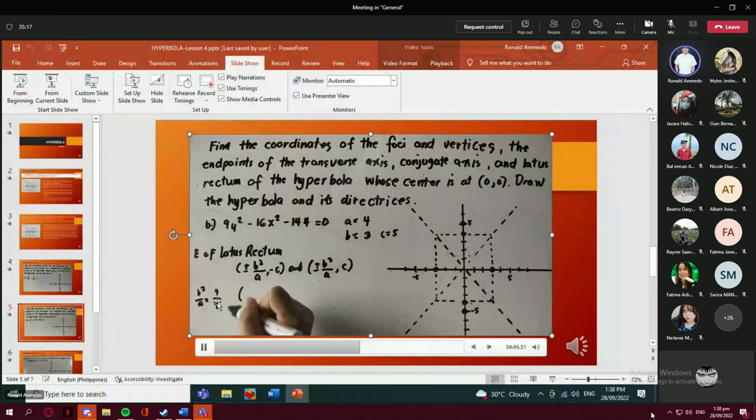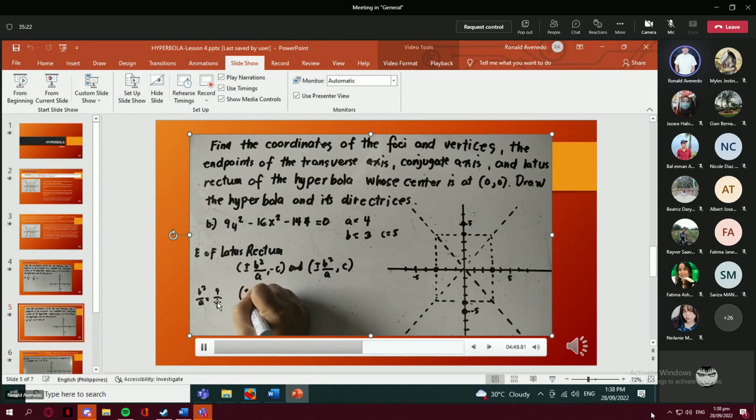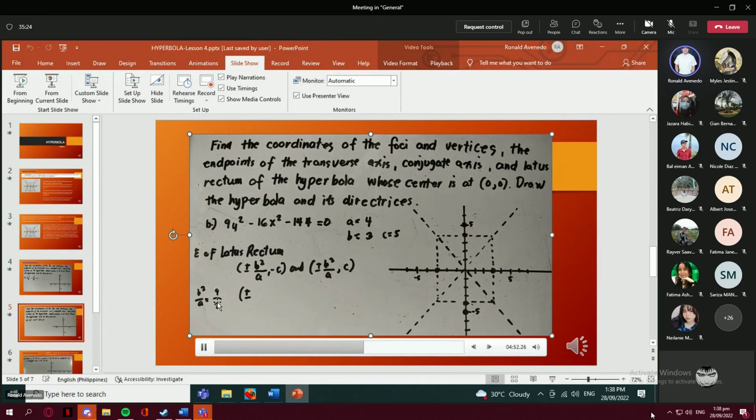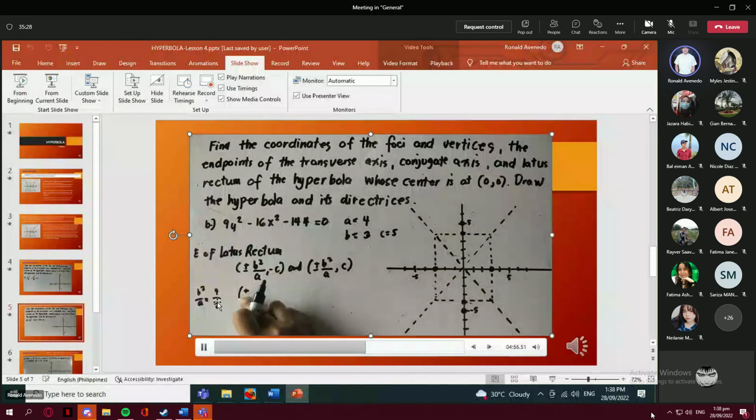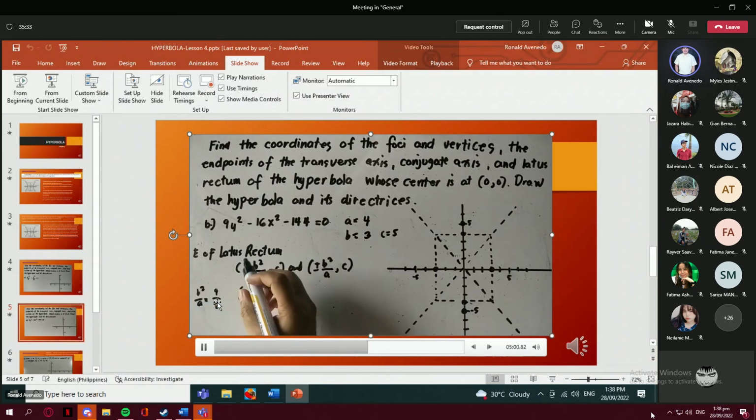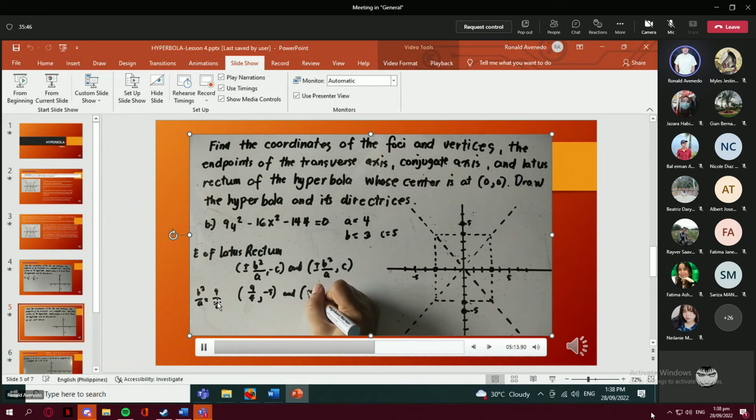So we have here positive negative 9 over 4, negative c is negative 5, and the other one is negative 9 over 4, negative 5.